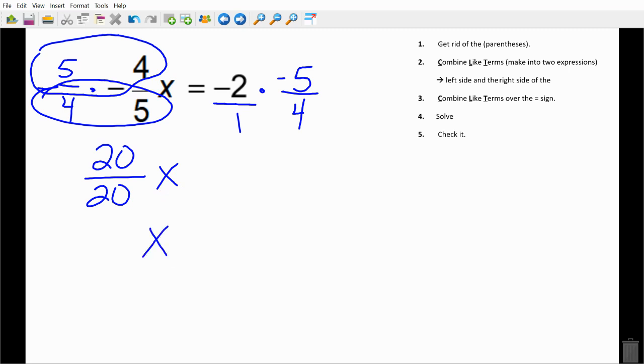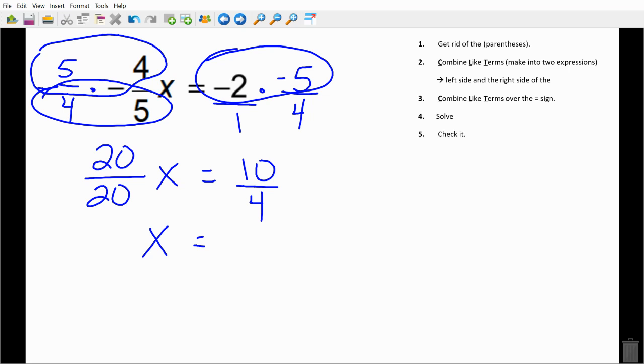20x. 20 over 20x. What's 20 over 20? 1. Now let's take our tops and multiply those. What is negative 2 times 5? Positive 10. What is 1 times 4? 4. And we're going to get 10/4. That might be a good answer. However, as a math teacher, we want to teach you the simplest, most basic form of that.